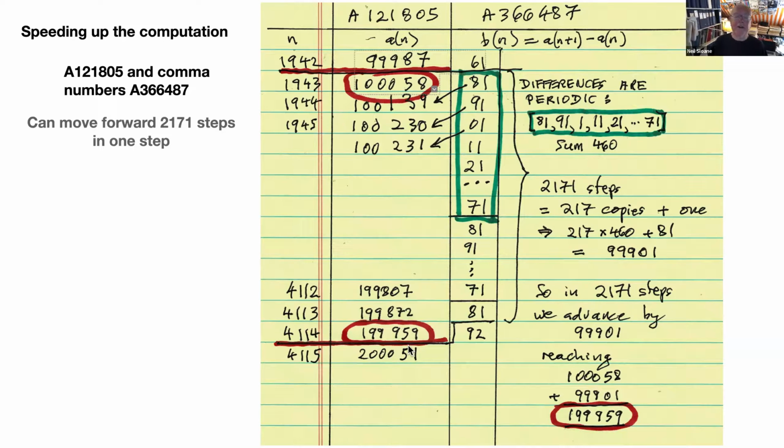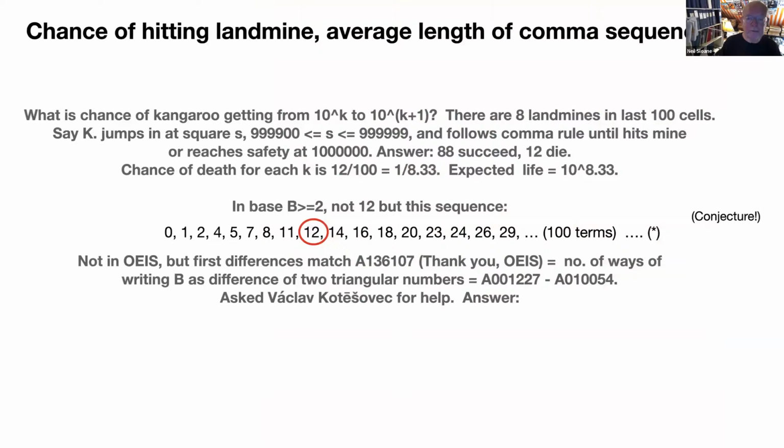So instead of doing 4,000 steps, we just do 1 or 2 steps, and we can say we've gone from this number, we've added 217 times 460 plus 1 more, 999. So add them up and you get this. So this shortcut makes it possible to speed up the computations a great deal. And that's the basis for the algorithm.